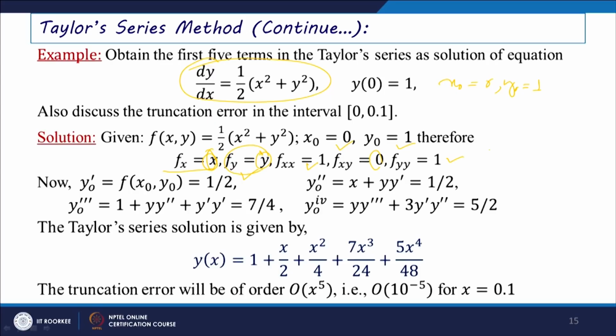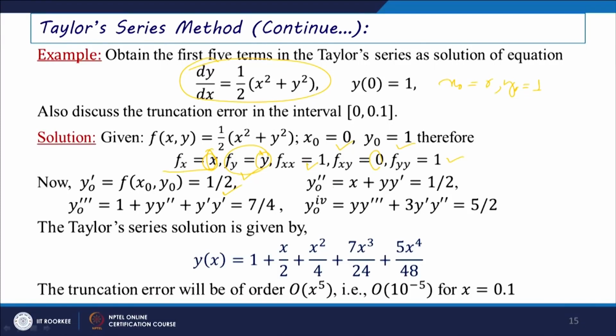Now we put these values in. y0 dash is f of x0, y0, which we obtain as half. And y0 double dash, expressed as fx plus fy into f, where fx is x, fy is y, and f is y dash.